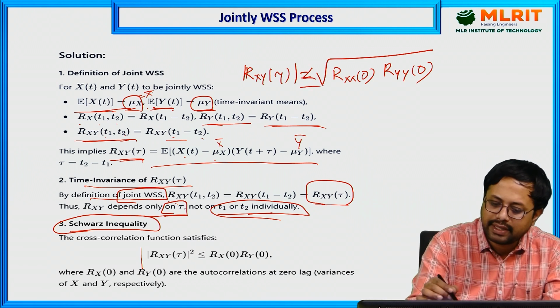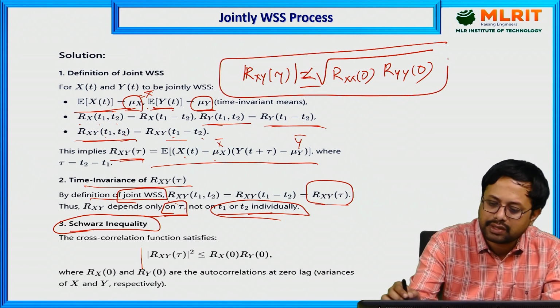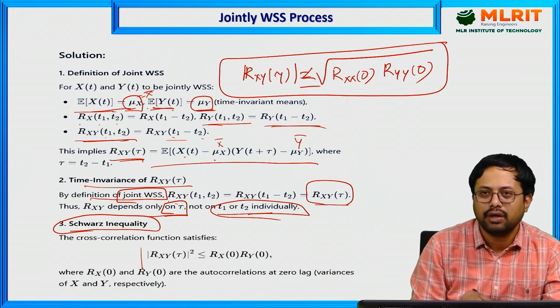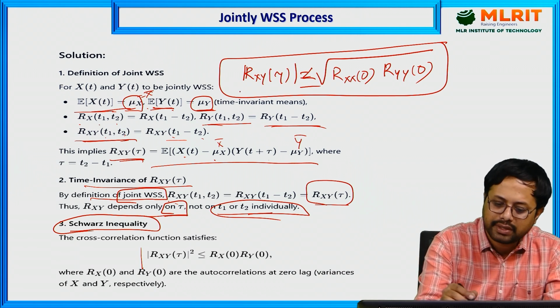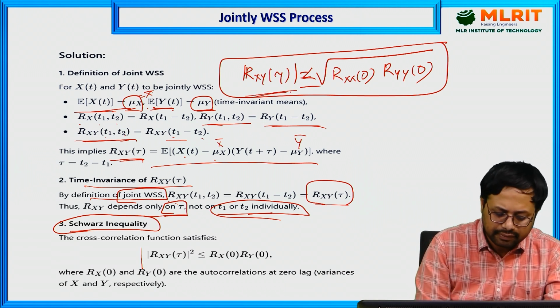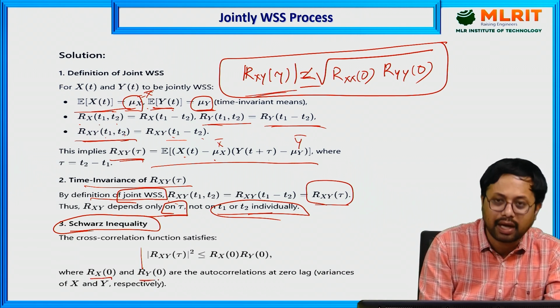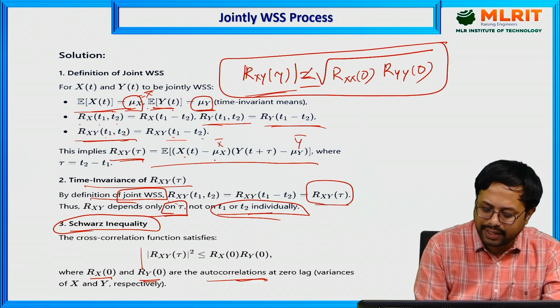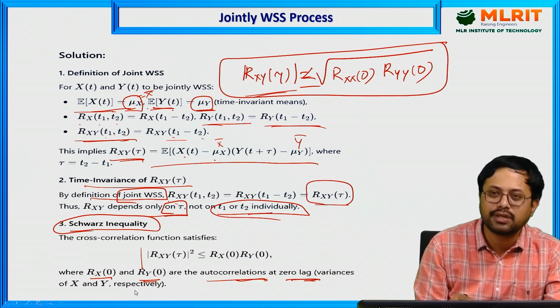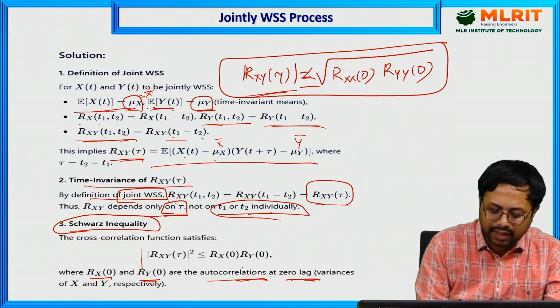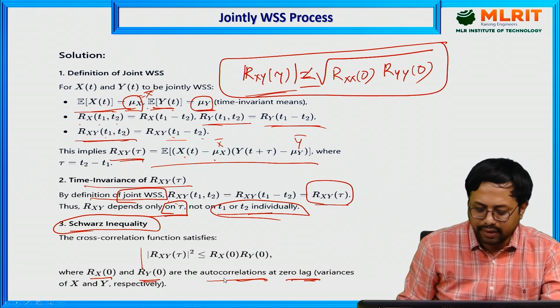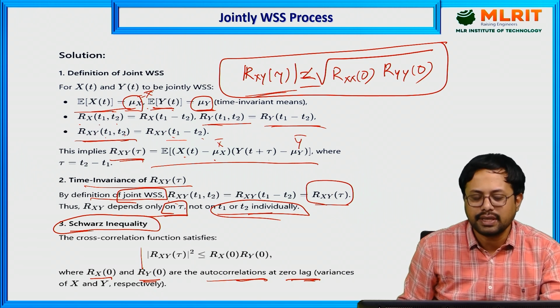If this condition is satisfied, then the inequality condition is satisfied, where Rxx of 0 and Ryy of 0 are the autocorrelations at zero lag of x of t and y of t.